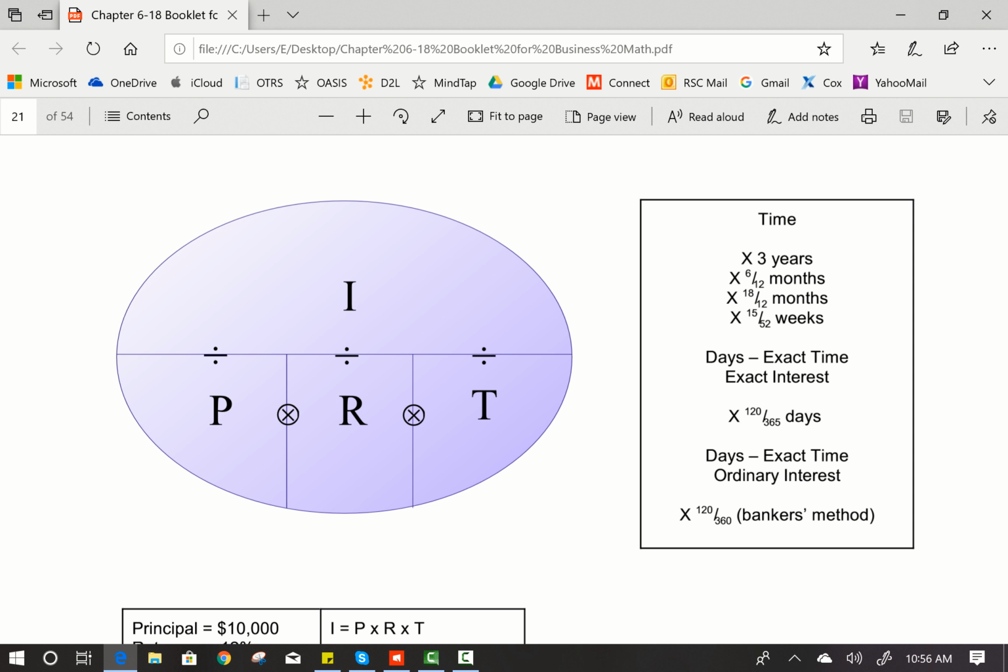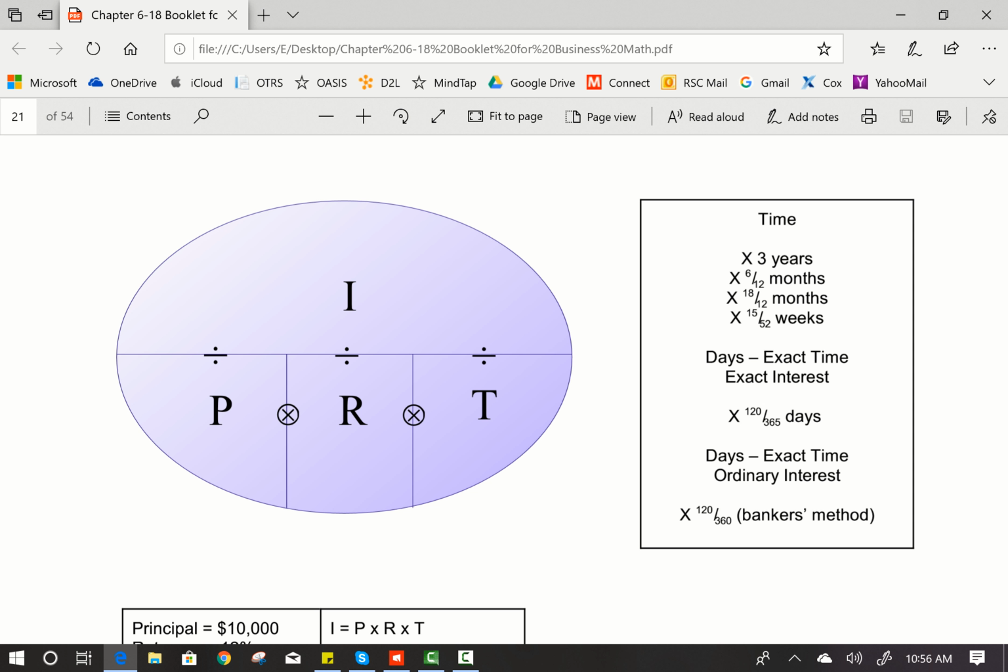If you decided, instead of saying 1.5 years, you can use it in months, and you could say times 18 divided by 12 months in a year. And if you use weeks, then you would take the number of weeks divided by the total number of weeks in a year, which is 52 weeks, so 15 divided by 52.